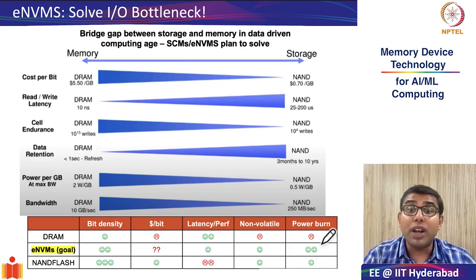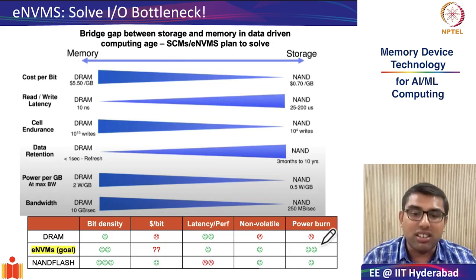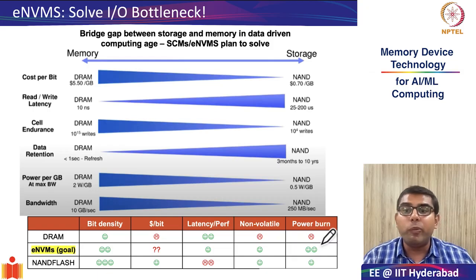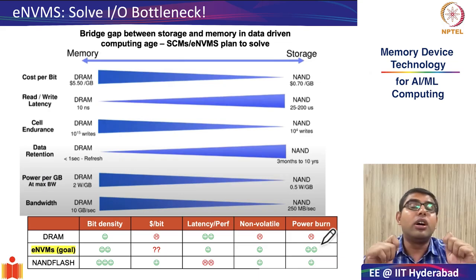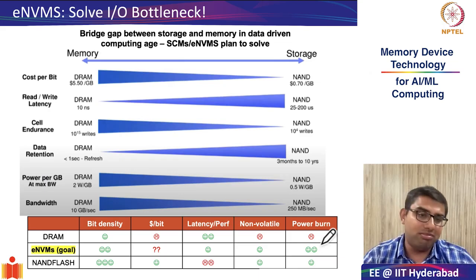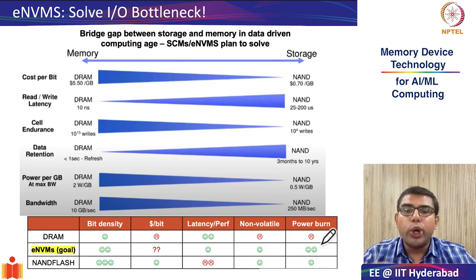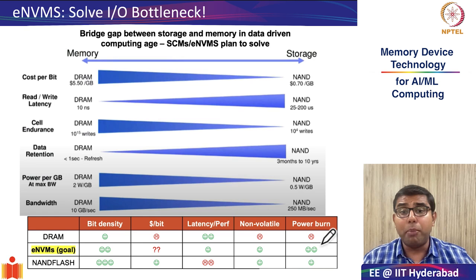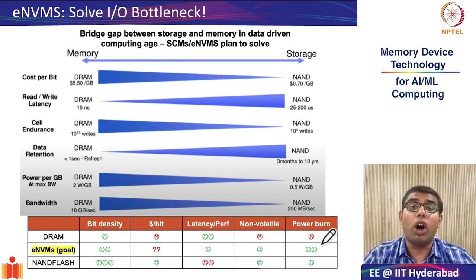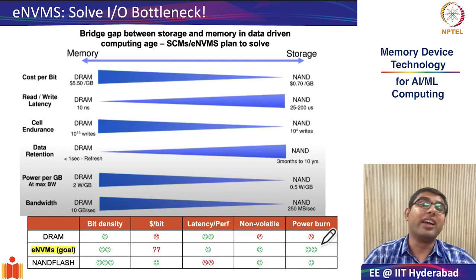But remember, NAND flash is still an active element. It's an active transistor. That means it consumes power, it leaks power even when it is shut off. And this is the key value addition that eNVMs, especially two-terminal eNVMs, promise to bring in the picture. The idea is you will be able to contain this power burn by having passive two-terminal elements.